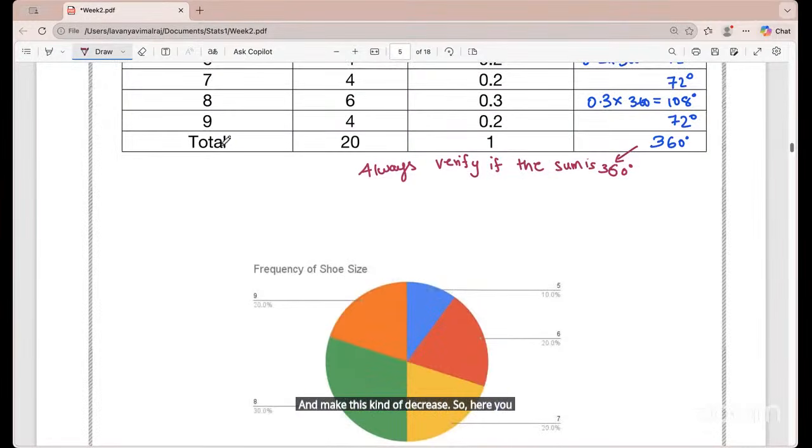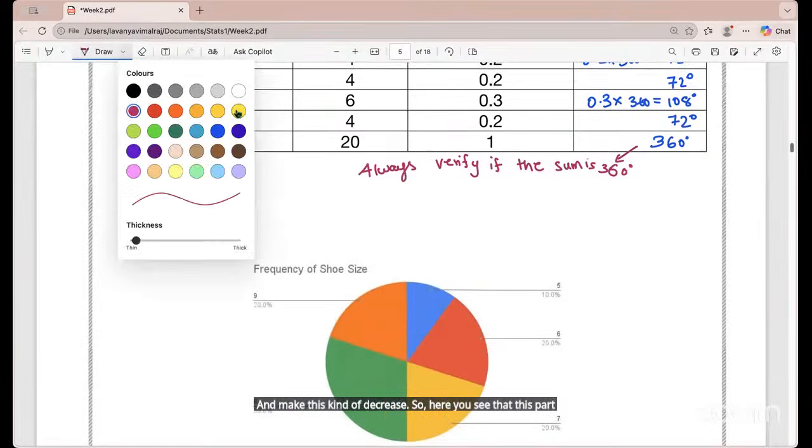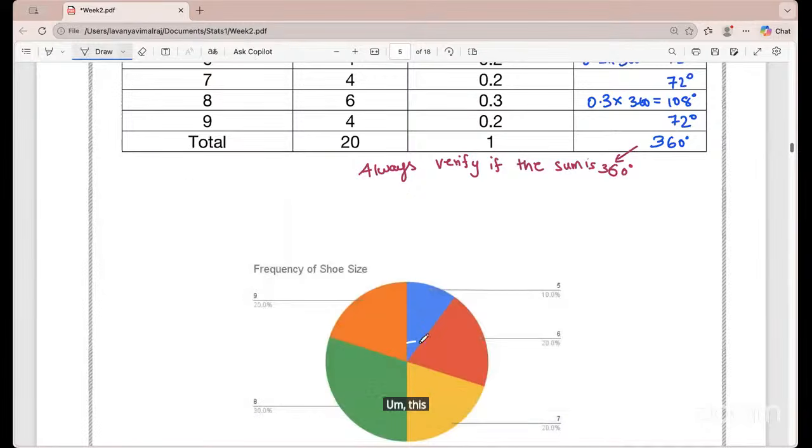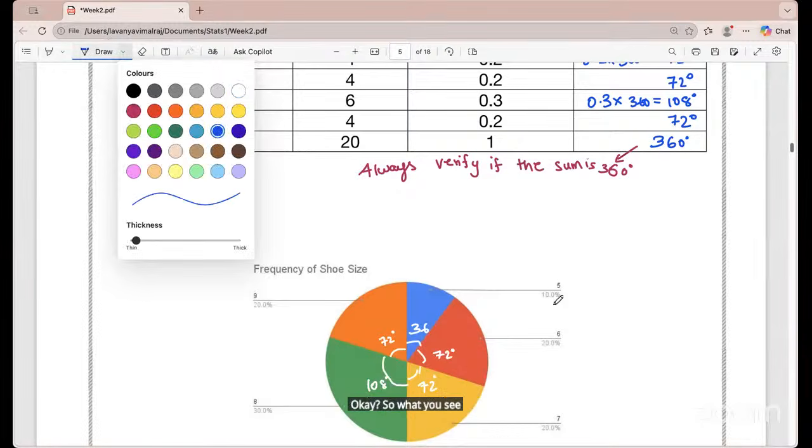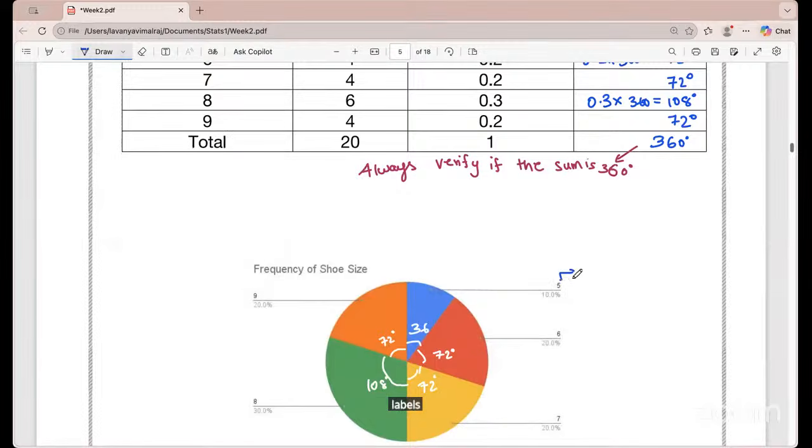Here you see this part is 36, these are all 72, and the bigger one is 108. These are called the labels.